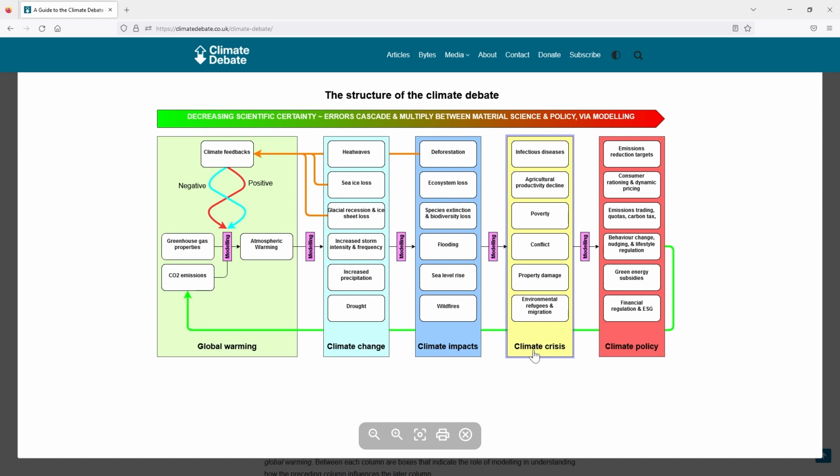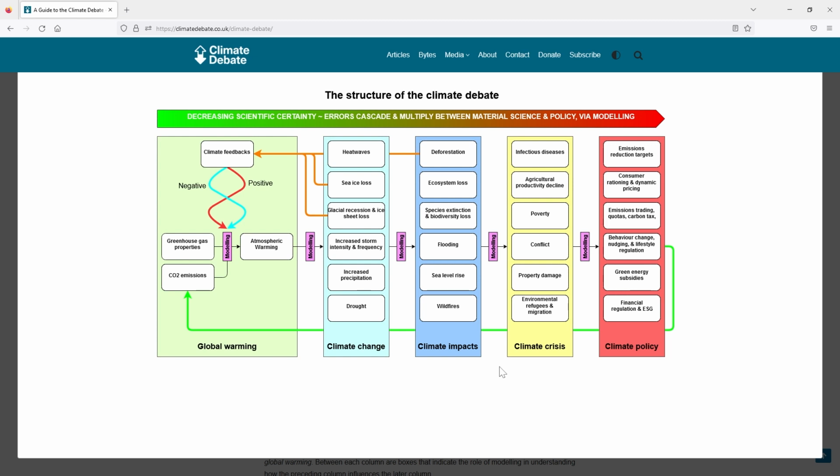And as we've discussed, climate crisis doesn't have any very good observational evidence underpinning it. Most of the evidence that is used to support claims that there is a climate crisis comes from climate modelling. So, for example, lots of people involved in climate activism are extremely confused when you point out that there is no evidence of infectious diseases or agricultural productivity decline or poverty or conflict growing in the global warming era, because they believe that's what the science says.